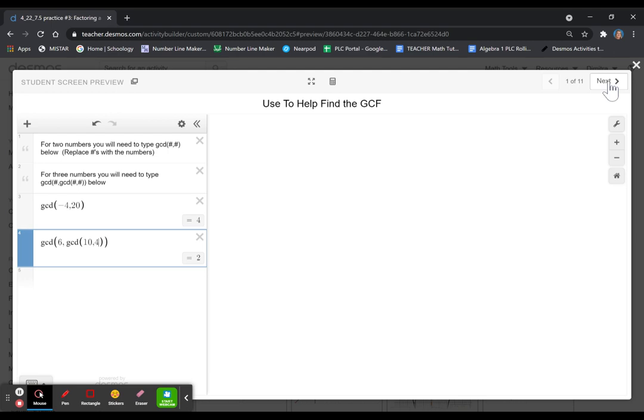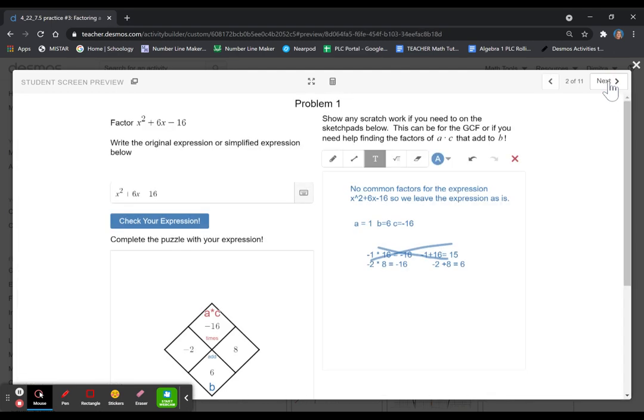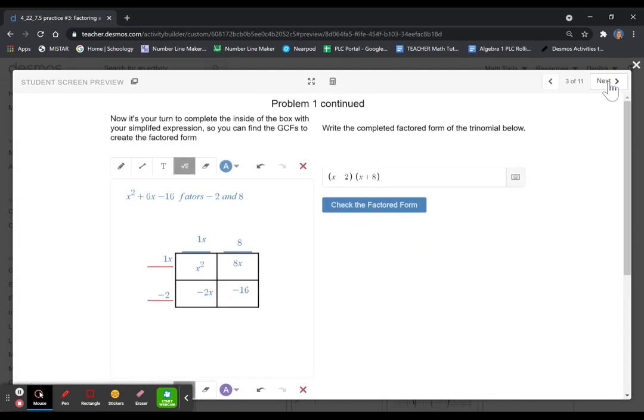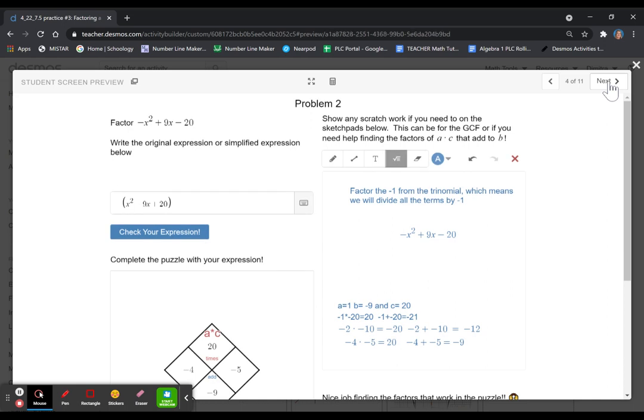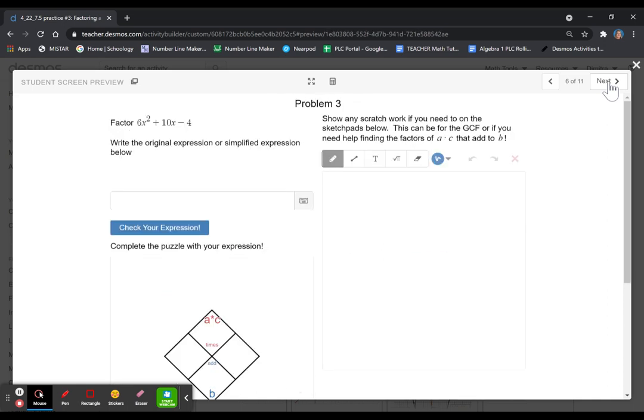All right, so you can go the long way that I did last time for problem 1, or you can do the shorter way like that. So the GCD is 2. So let me rewrite that expression. So I get 6x squared plus 10x minus 4. So the GCD is 2.